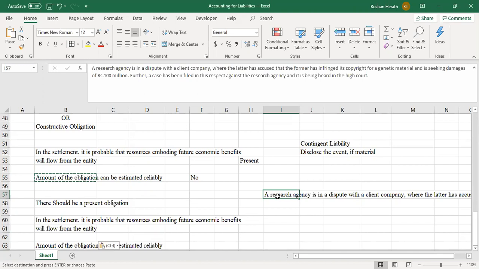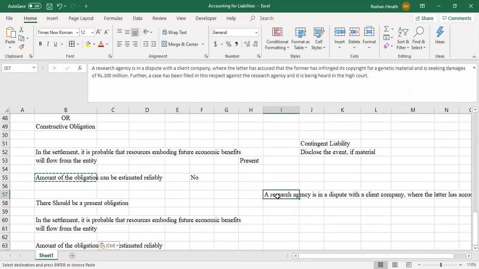Say that someone will file a case against you in the court. Just because someone has filed a case against you, does that mean there's a present obligation? No. Just because someone has filed a case against you does not mean that you have a present obligation.